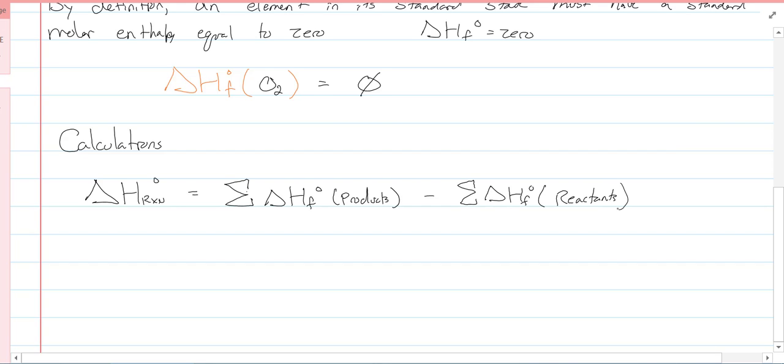So it's products minus reactants. That is how we're going to calculate reactions this way. So this is the second way. The first way is Hess's law. This is the second way. Products minus reactants with the standard enthalpies of formation, delta HF standard.